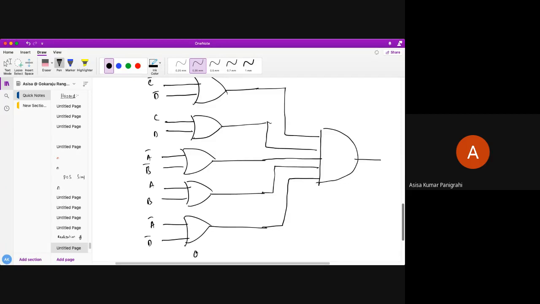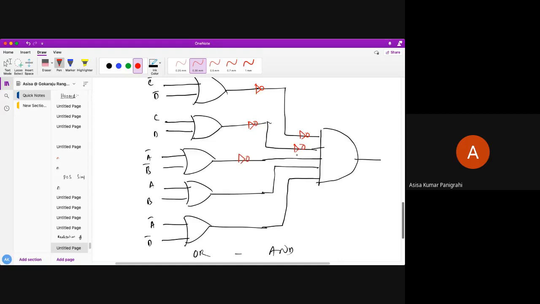This is my OR AND relation, my first step, before starting the NOR relation. After that, I need to put a series of NOT gates at the input of the AND gate: here one NOT gate, here one NOT gate, here one NOT gate. This is my step two.